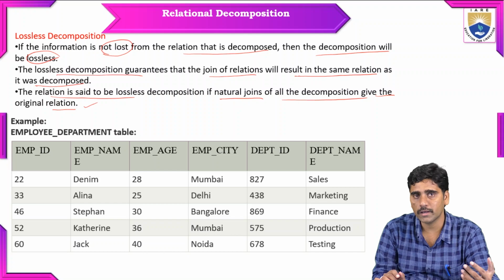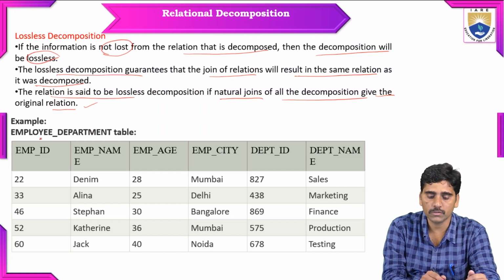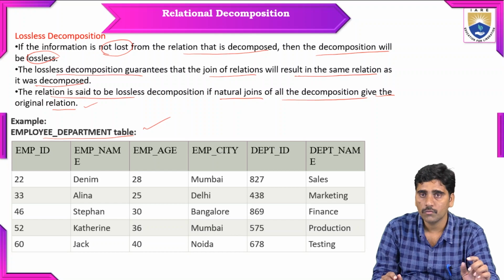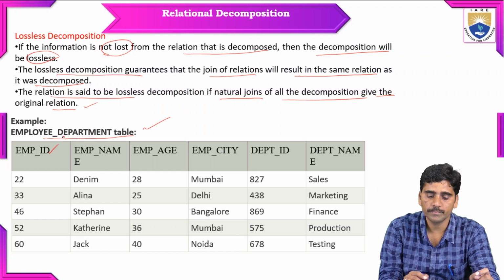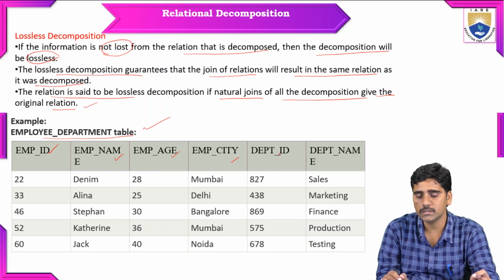Let us take an example here, the Employee_Department table. The table name is Employee_Department, which contains employee ID, employee name, employee age, employee city, department ID, and department name.